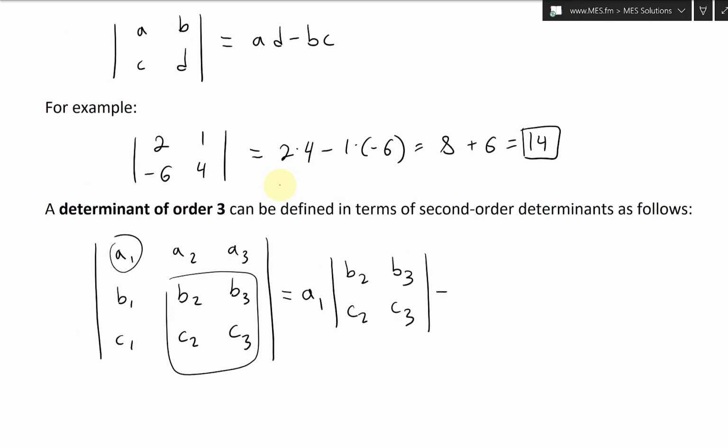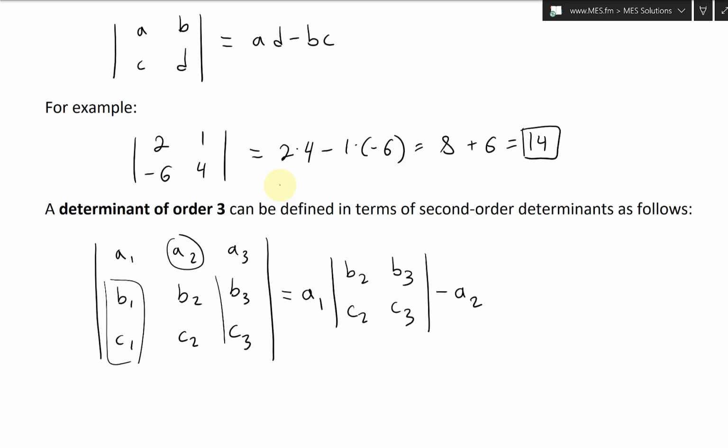And then the next one is actually minus, just to match up with our cross product. This next one is A2, and now instead of that column, we'll look at the other two. This is going to be B1, B3, C1, C3.